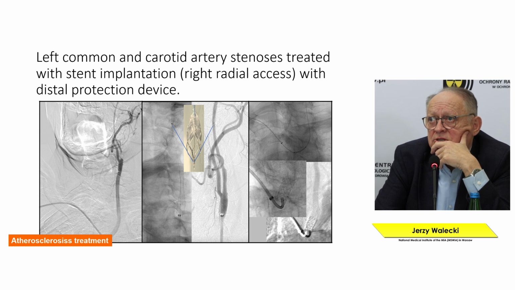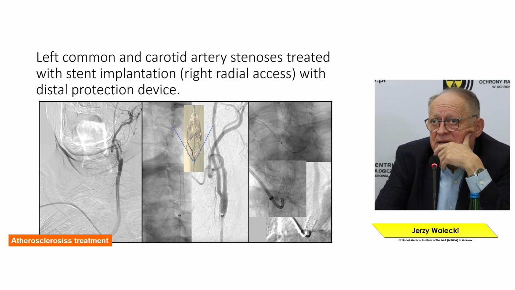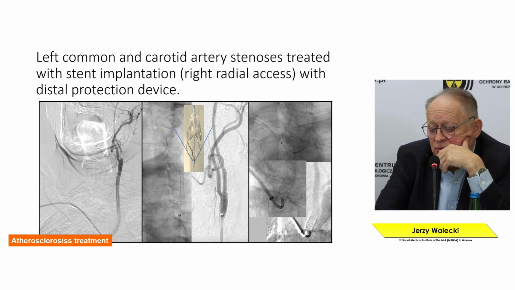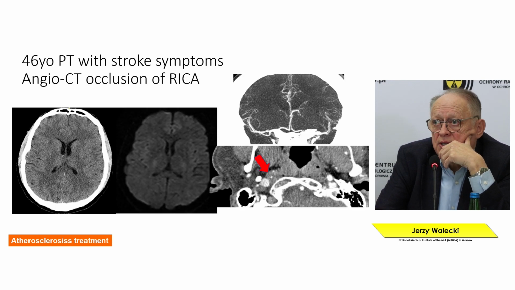And these are our images. This is carotid artery stenosis treated with stents. You can see this part on the left-hand side, this narrowed, practically we see only the outer area, and we apply stents.